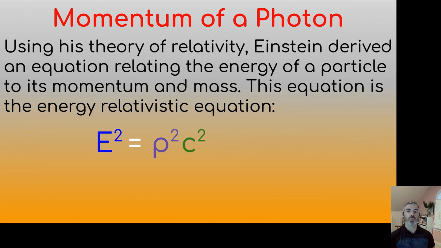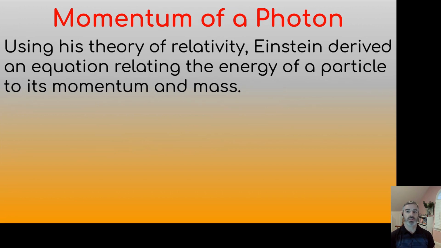So we can rearrange this equation to solve for the momentum, taking the square root of both sides, and momentum is equal to the energy divided by the speed of light. Now we can multiply the numerator and denominator by wavelength, and we know that energy times its wavelength is just going to give us Planck's constant times the speed of light.